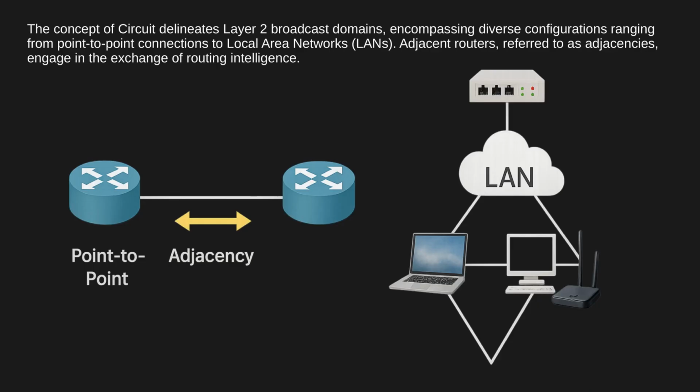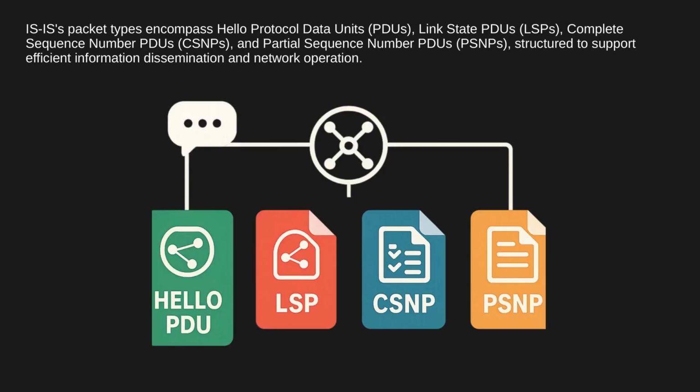Adjacent routers, referred to as adjacencies, engage in the exchange of routing intelligence. ISIS's packet types encompass Hello Protocol Data Units, PDUs, Link State PDUs, LSPs, Complete Sequence Number PDUs, CSNPs, and Partial Sequence Number PDUs, PSNPs, structured to support efficient information dissemination and network operation.